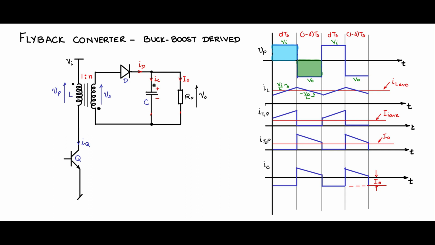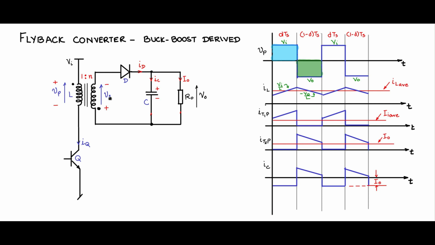Now the voltage across the primary inductor during the time DTS: when the transistor Q is on, the entire Vi comes across the primary inductor. So let us indicate that with the plus, dot end is plus, non-dot end is minus. On the secondary side, you have the dot end plus, non-dot end minus.